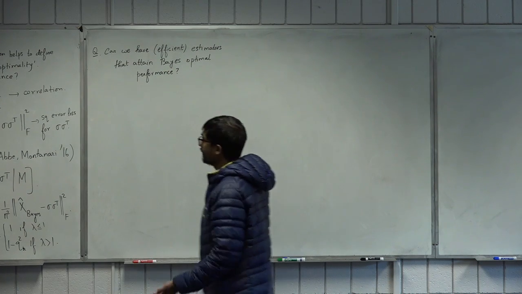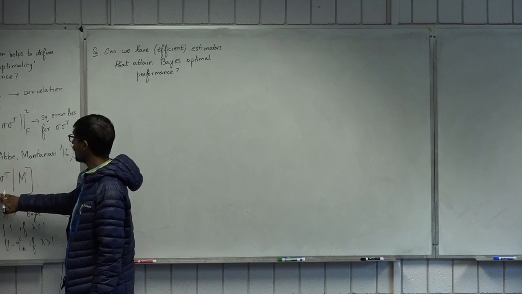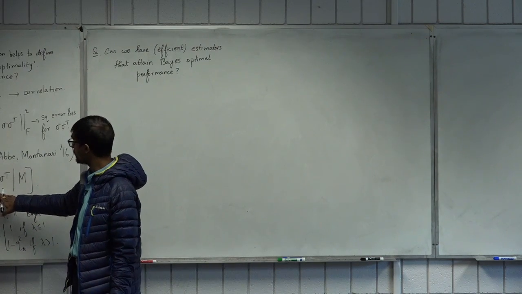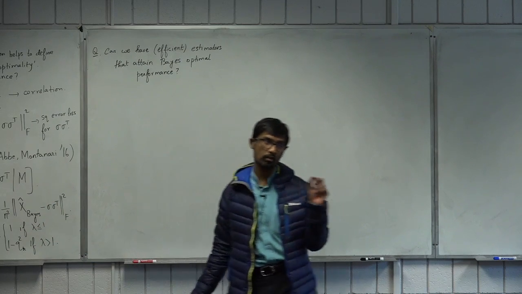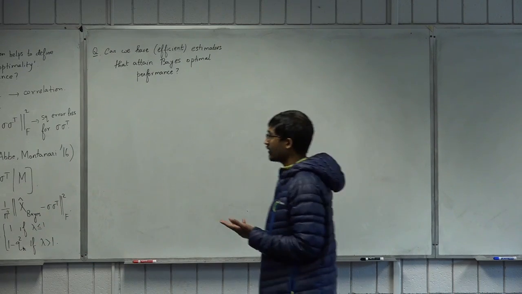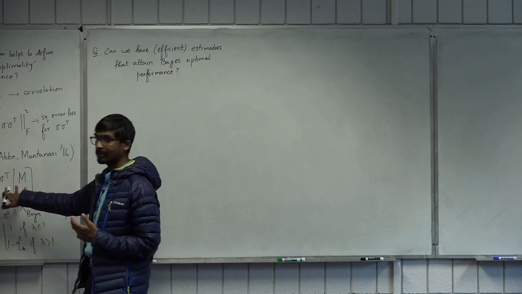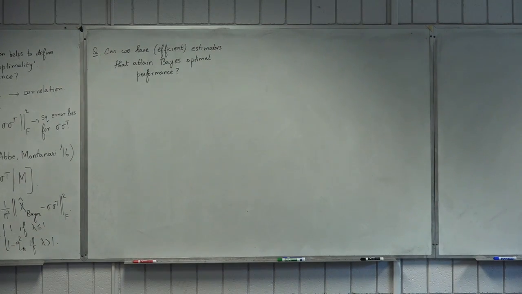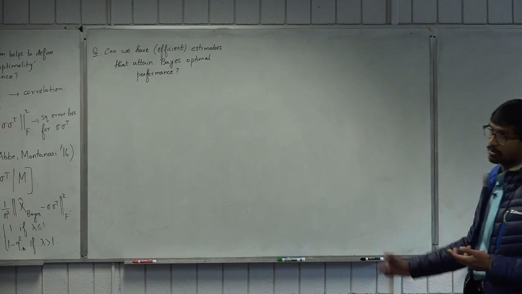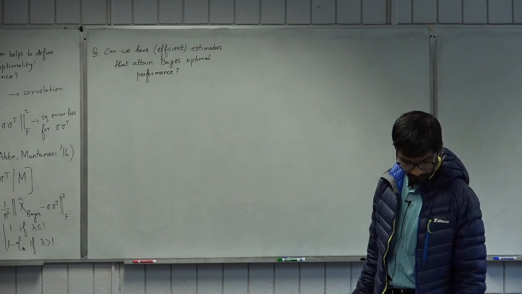The main challenge, of course, is that you could say, well, I can always calculate my Bayes optimal estimator. Note that this involves a high dimensional sum over the corners of the hypercube. So this is not really computationally feasible. We can't really compute this in practice. So we have this question: do we have efficient estimators that are Bayes optimal?